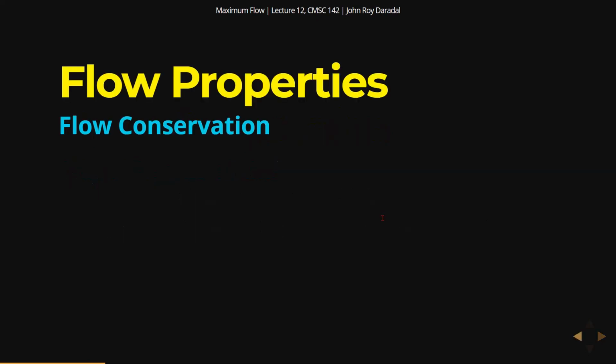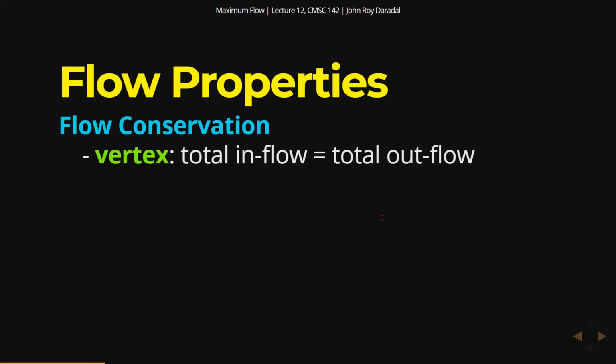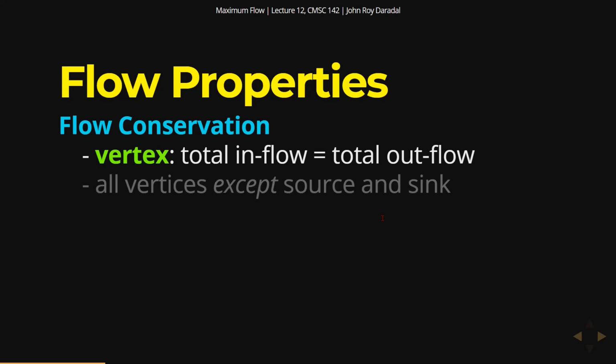Next is the flow conservation. For each vertex, the total inflow is equal to the total outflow. Meaning the total flow coming into that vertex should also be the total of the amount coming out. This should be true for all vertices except the source and the sink, because for the source it's only going outwards, and for the sink it's only going inwards.